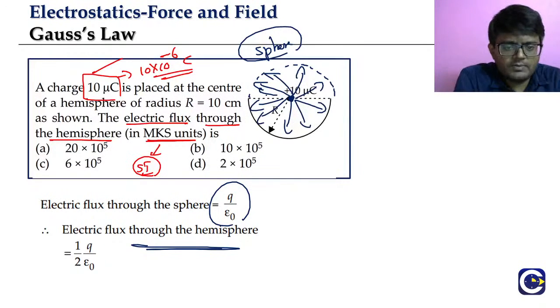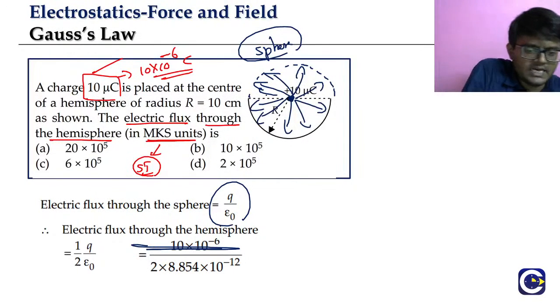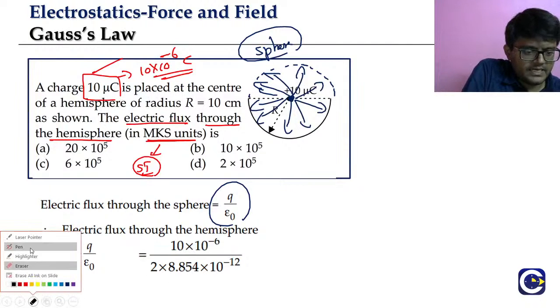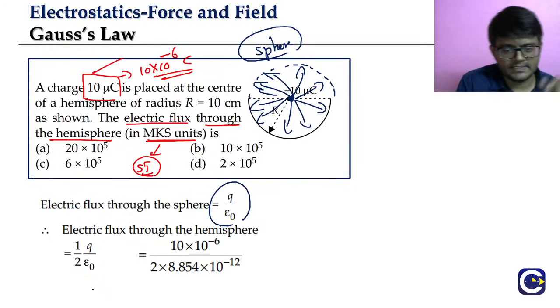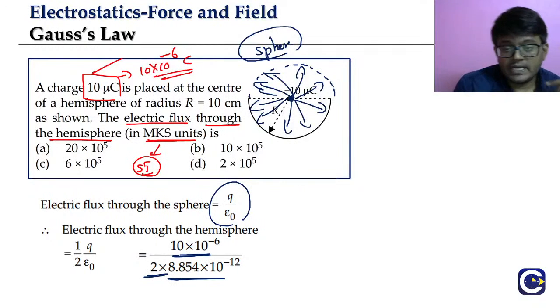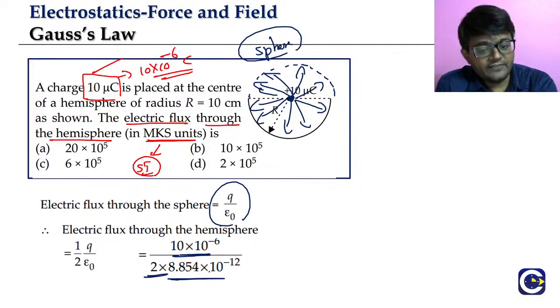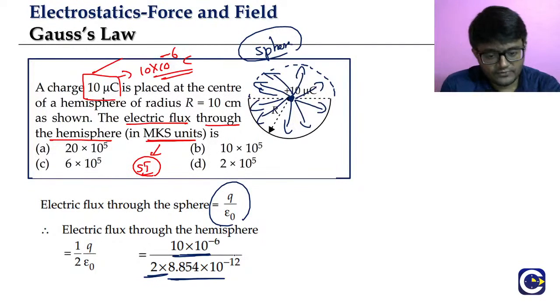Okay, இதுக்கு அப்புறம் வெறும் simplification மட்டும். Okay, என்னது பாருங்க, the charge எவ்வளவு, 10 microcoulombs, 10 into micro என்னது 10 power minus 6. பாருங்க 10 into 10 power minus 6 divided by 2 into epsilon naught. Epsilon naught value என்ன in terms of the SI units, 8.85 into 10 power minus 12.